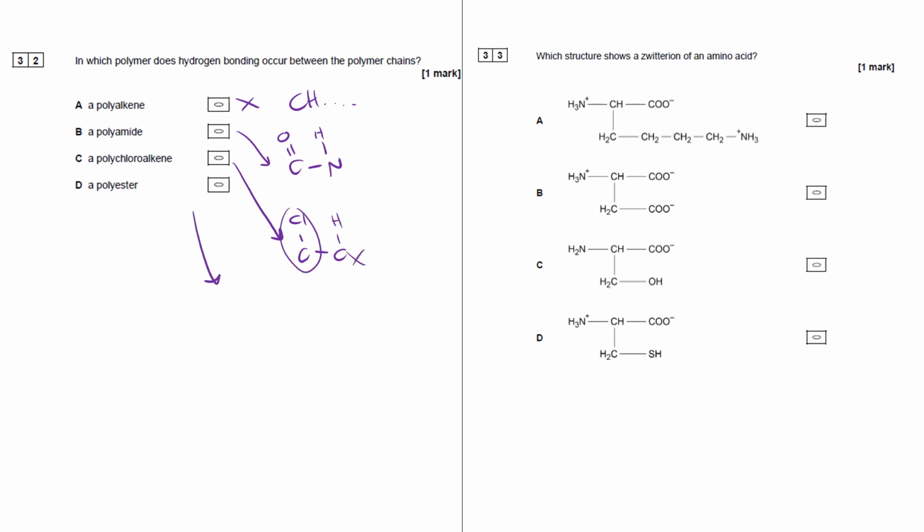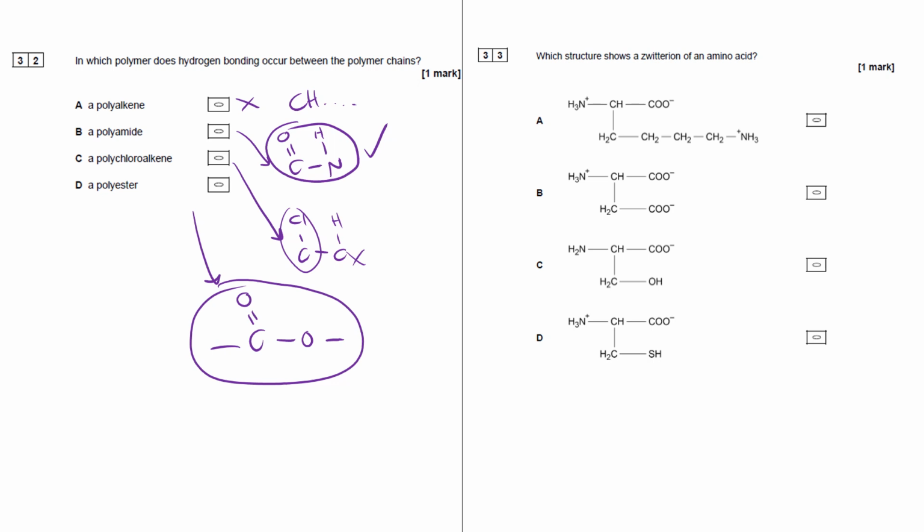And a polyester, you've got COO bonds in there. So which one would form hydrogen bonds out of a polyester or a polyamide? It's going to be the polyamide because you have the NH group in there, which is able to form hydrogen bonds. Oxygen alone cannot form hydrogen bonds because it still needs the oxygen to be bonded to a hydrogen. So B is the only correct answer.